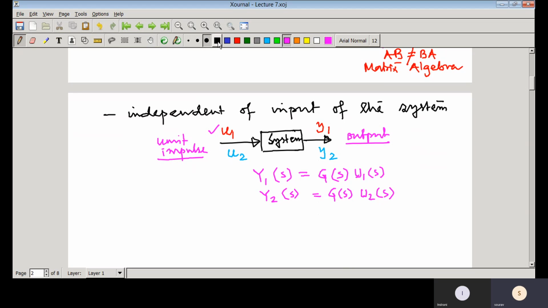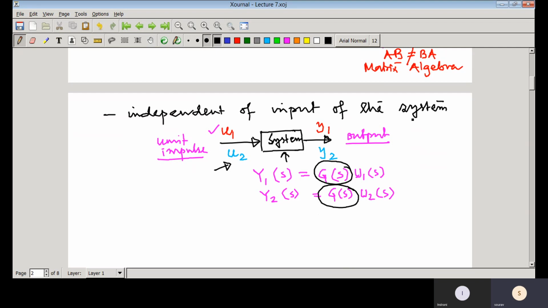So whatever input you apply to that system, the transfer function of that system remains the same, because you are not changing any dynamics of that system, and the transfer function represents the dynamics of that system. So whatever input you apply to that LTI system, you will get different outputs, but the model, that means G(s), remains the same. So it is independent of the input of the system.